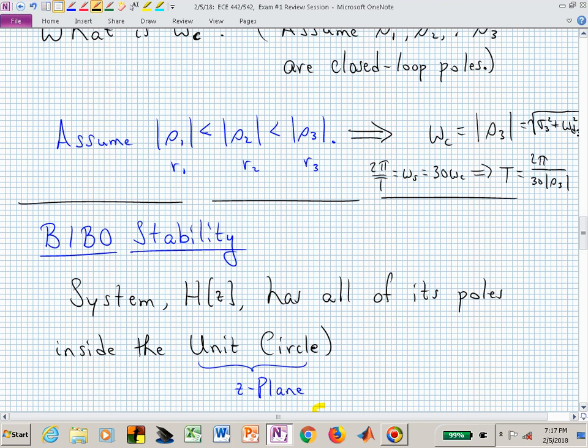They have to live inside the unit circle to be bounded input, bounded output stable. Otherwise, if they were on the unit circle, I could actually find a given signal that's bounded that would cause the output to go unbounded.